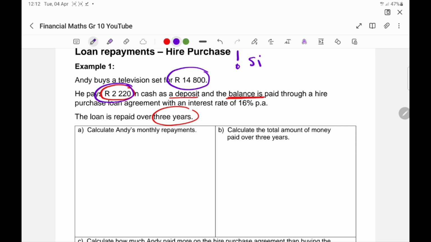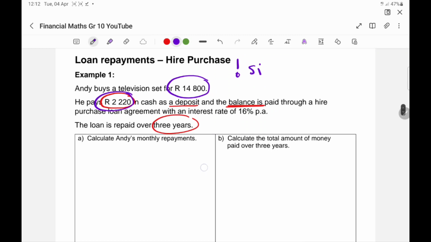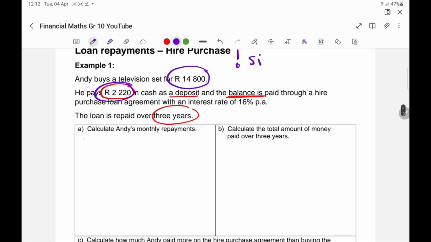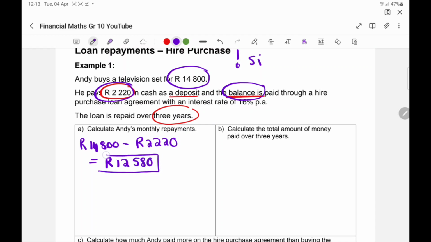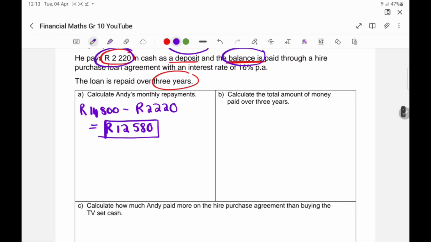Calculate Andy's monthly repayments. So they jump quite strongly into the question. So we want to know the balance. Why? Because that is what we're going to work the interest on. So the balance is going to be 14,800 minus the 2,200, which gives you 12,600, and this is the amount that you are going to borrow.